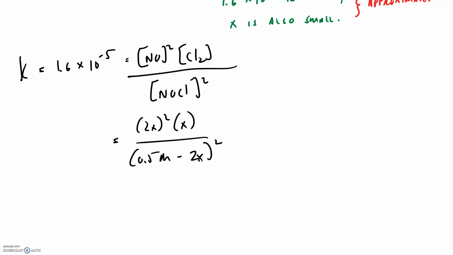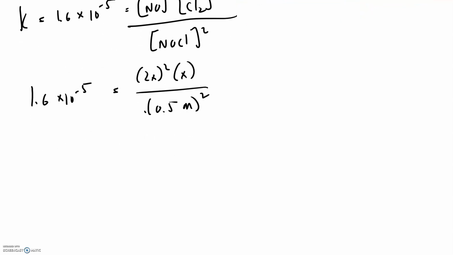And that's going to get a little complicated. What makes it a little bit easier is that now we can approximate. And this is simply 0.5 molar squared. And that makes solving for x a lot easier. So let's do this.